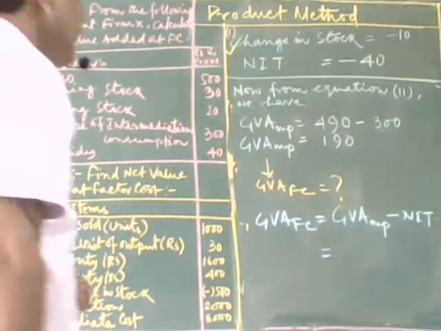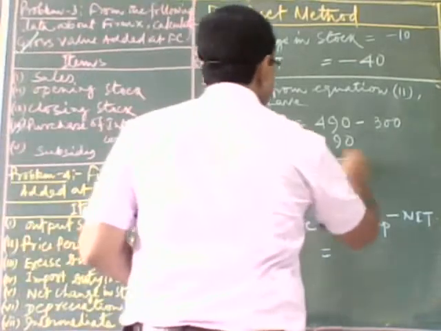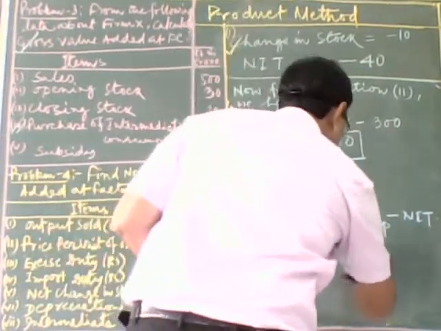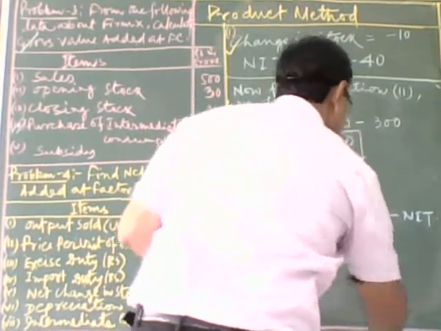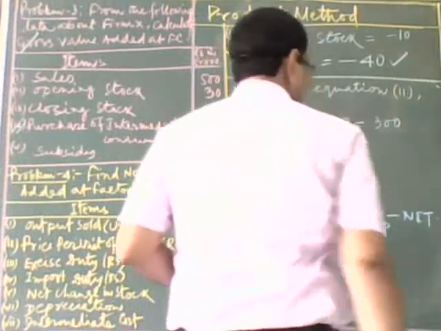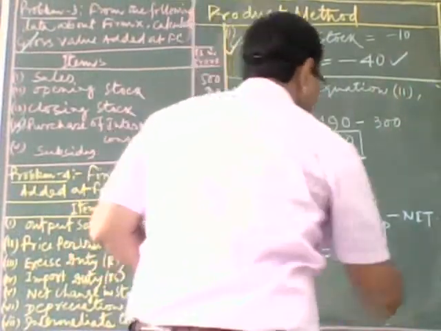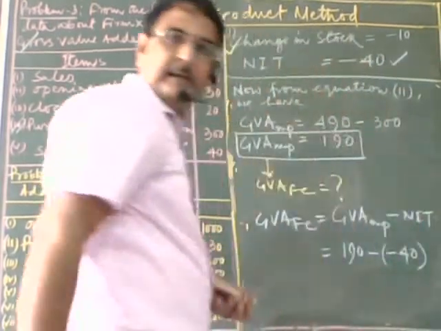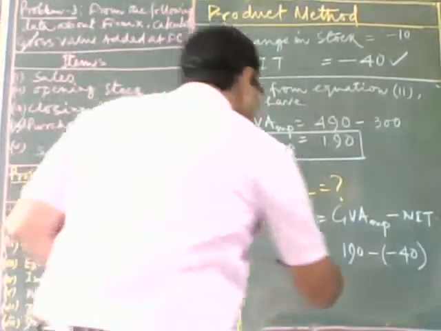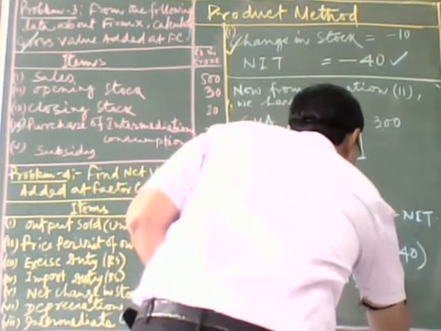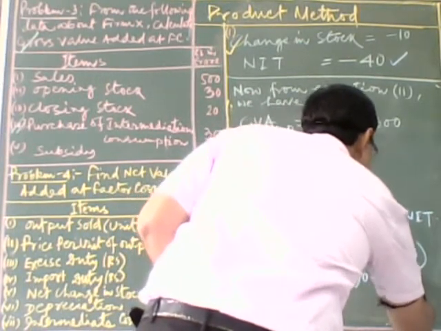Already we have calculated GVA at market price is equal to 190. You have to put the value 190 minus value of NIT. Already you have calculated, that value is minus 40. So you have to put the value minus 40. Is equal to 190 plus 40.